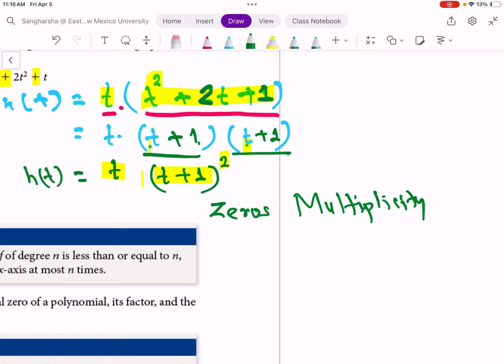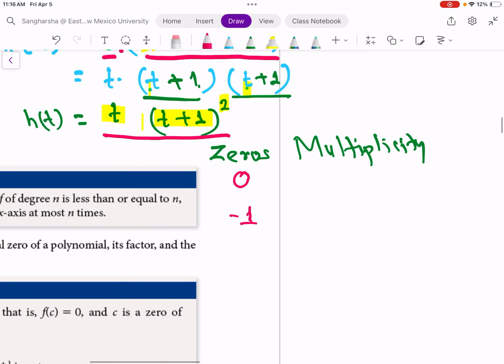So what should be our t such that this function is 0? 0 and negative 1. If you choose t equals 0, we have 0 times (0 plus 1) squared, that is 0. So t equals 0 and t equals negative 1. When you choose t is 0 and t is negative 1, our function is 0. That's what we want. These are the zeros.